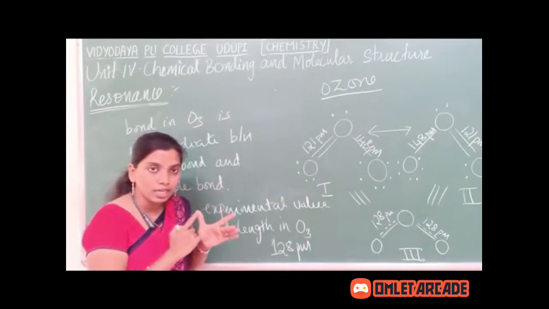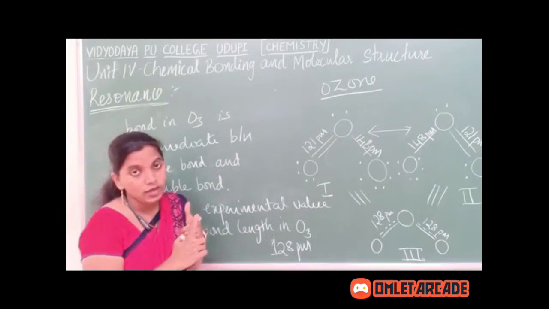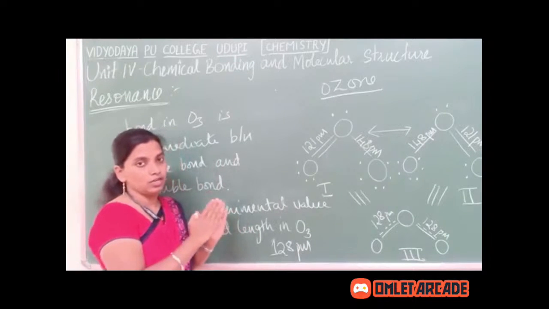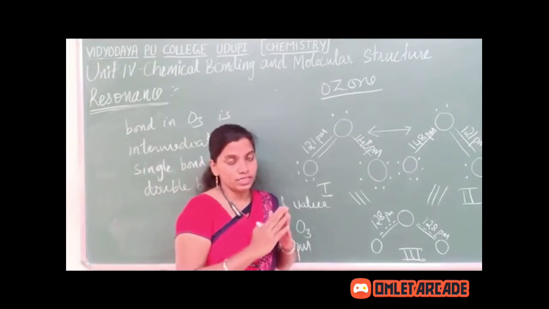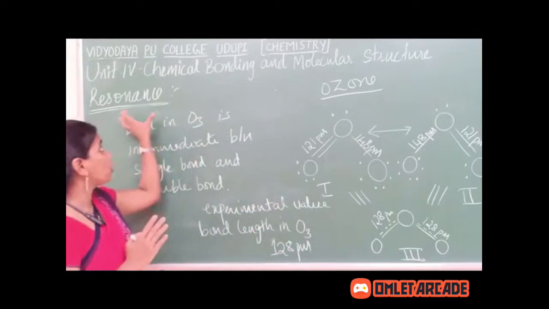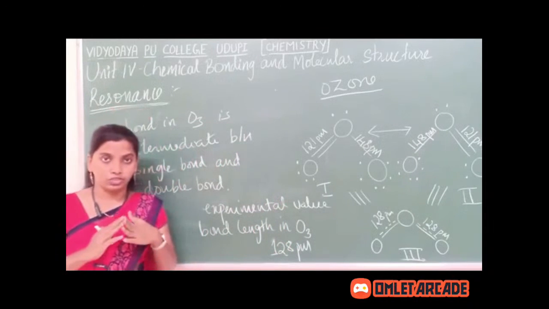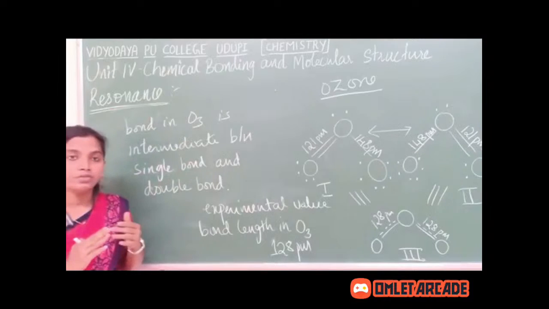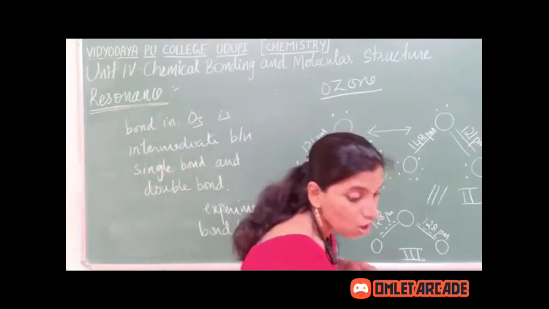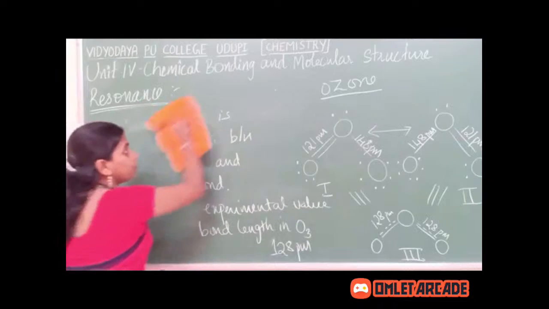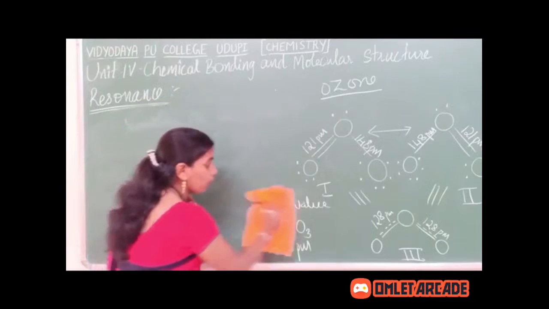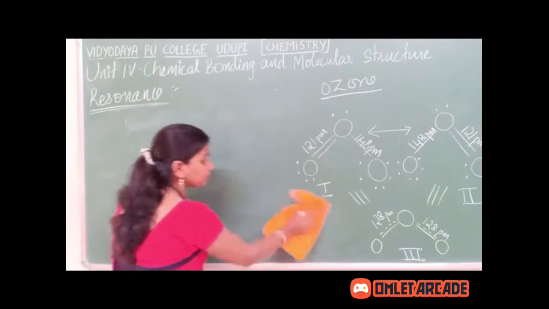It is neither a single bond nor a double bond, but in between. Because of this reason, the resonance concept was introduced. A single Lewis structure could not explain all the properties of the molecule. Therefore, the resonance structure was introduced.